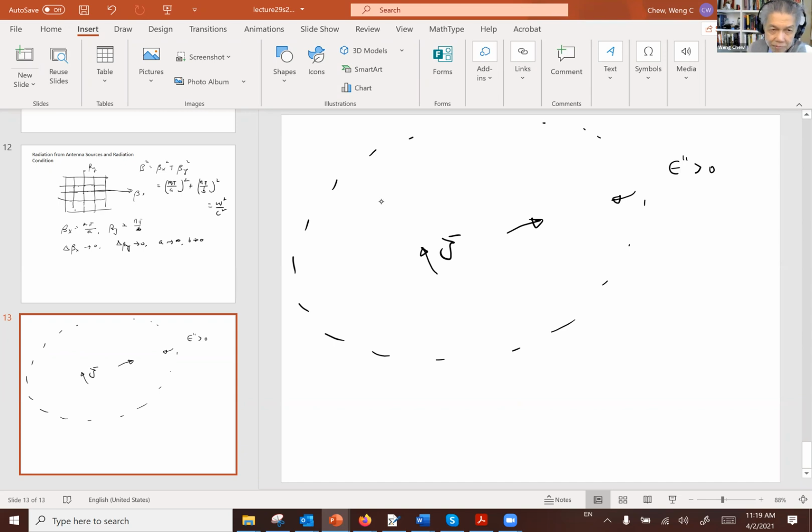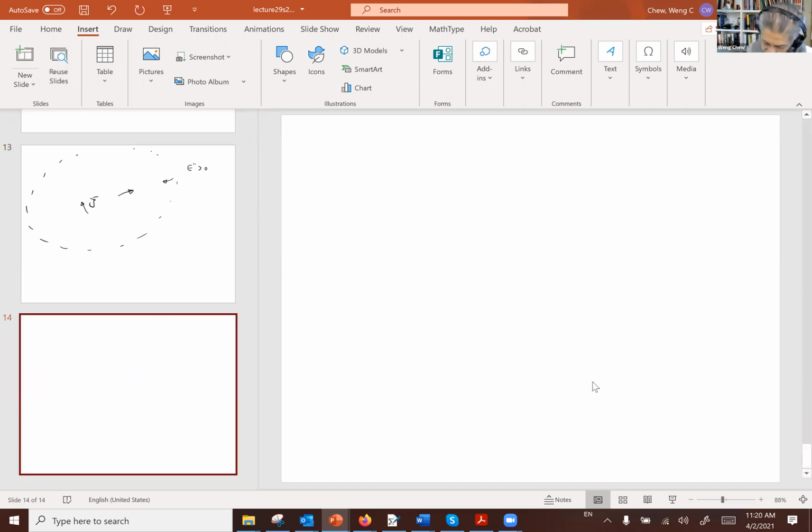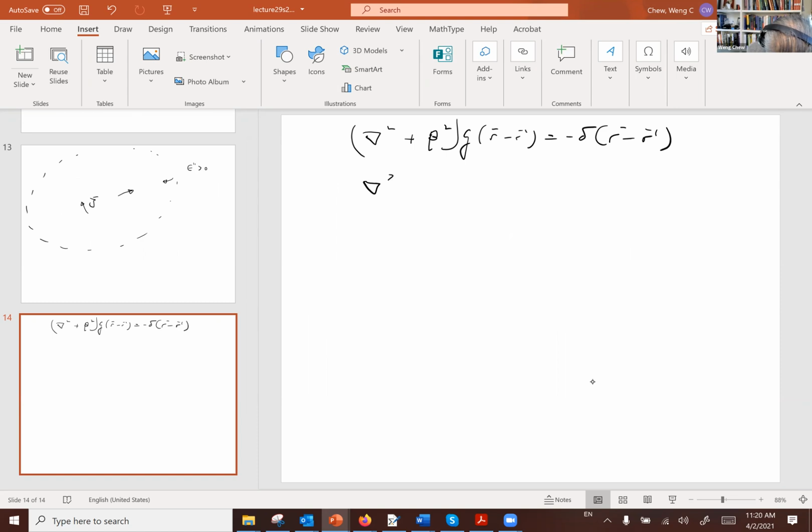So let's go back to a problem that we have encountered before. Remember, we solved this Green's function problem. We reduced this to a simpler problem.